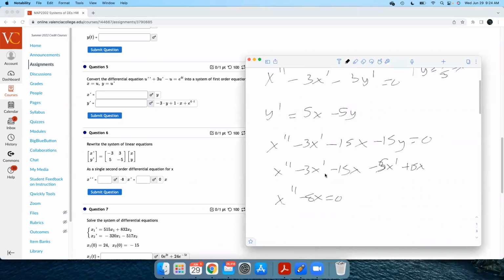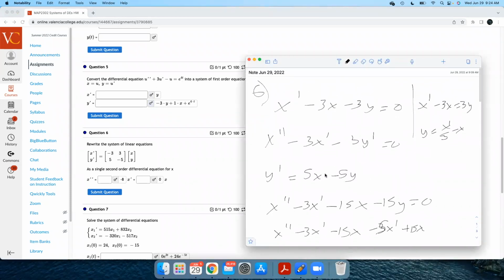Okay, so I went ahead and worked through it here. So here is our system of DEs. If we just go across our top row here, x prime will be negative 3x plus 3 times y. y prime will be 5x minus 5y.